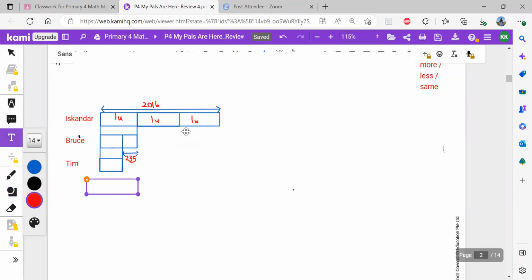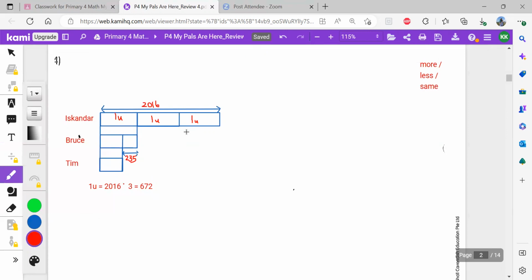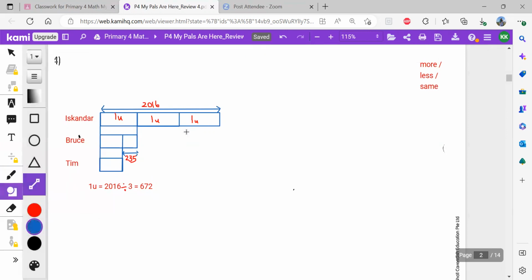So to find 1 unit, will simply be 2016 split equally into 3 parts. And so 2016 split equally into 3 parts will give me 672. So I'm putting the division sign. Of course, you should do the working.